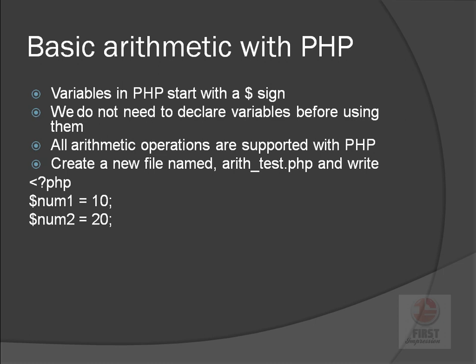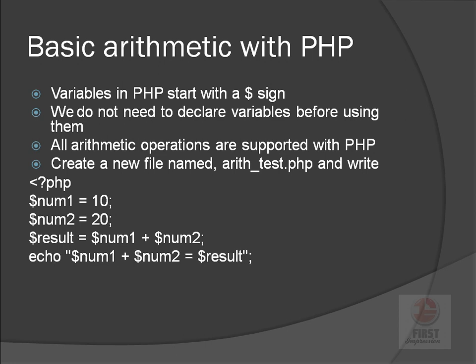If you can appreciate that, we are not initializing or declaring the variables, we are just giving them values. Then once we have num1 and num2, we can straight away say $result = $num1 + $num2, and num1 and num2 should be with a dollar sign. Then we can say echo "$num1 plus $num2 equals $result" and close the tag. This will output 10 plus 20 equals 30.